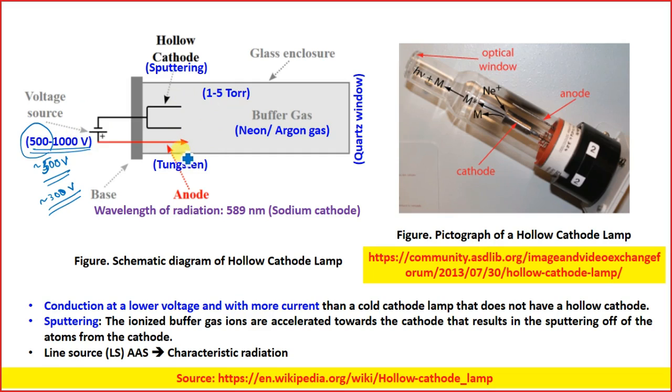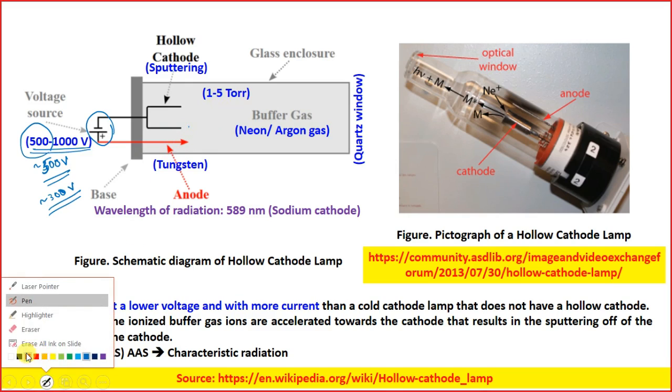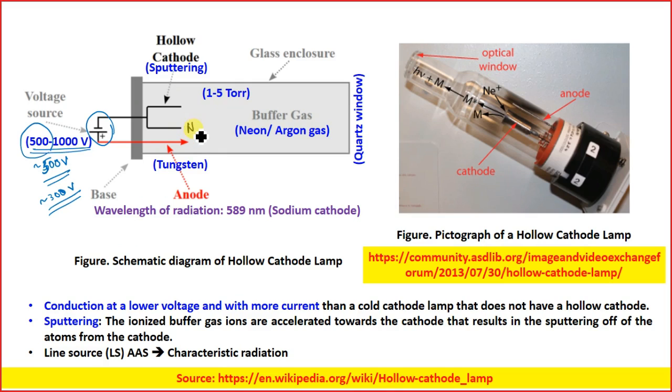Now what happens as soon as you put on the voltage source? Between the anode and cathode there is a very high voltage discharge, and due to this discharge, the neon gas which is present breaks down into Ne+ plus an electron e-.